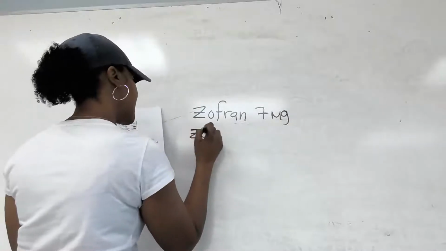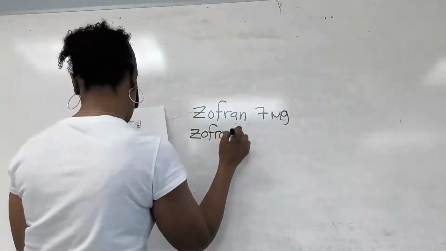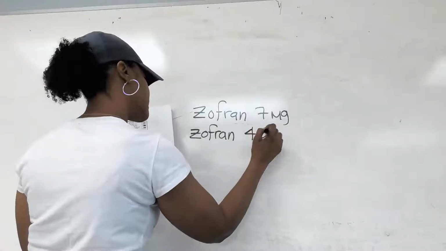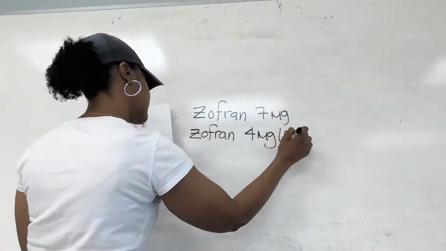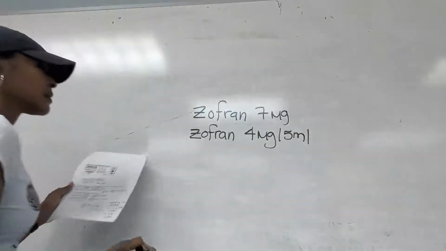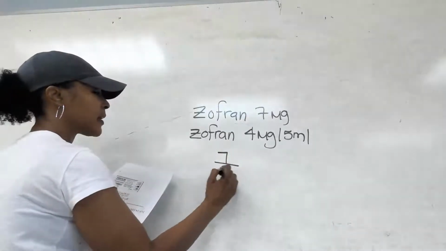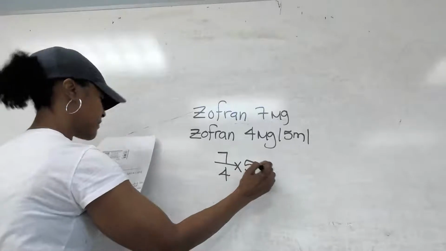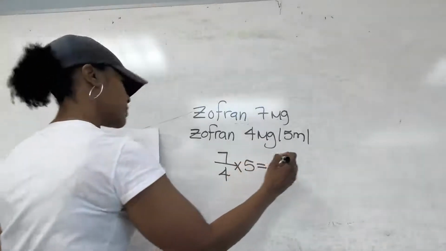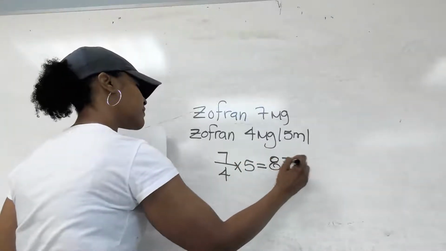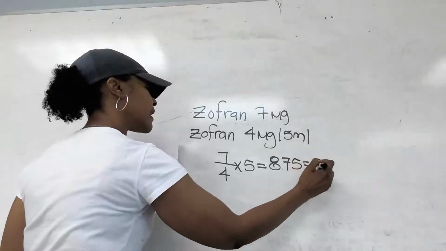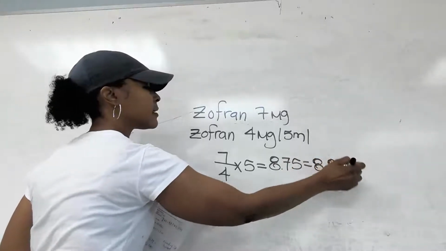What we have on supply is Zofran, 4 milligrams per 5 milliliters. All right, so there's no conversion necessary. It's just 7 divided by 4 times 5. And the answer comes out to 8.75, rounded 8.8 milliliters.